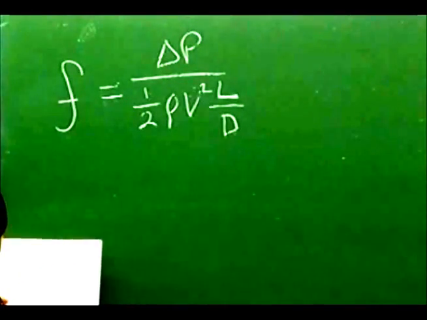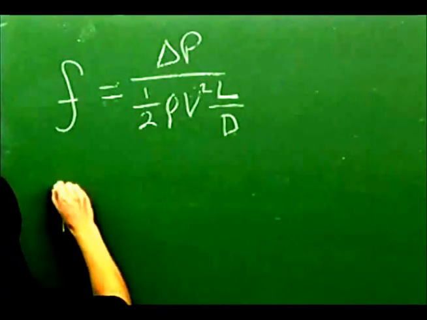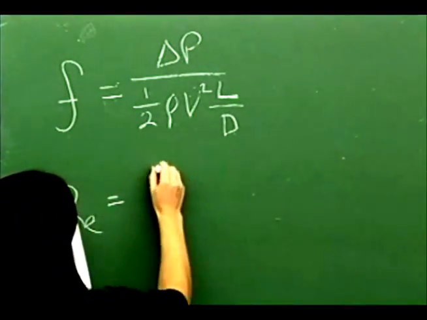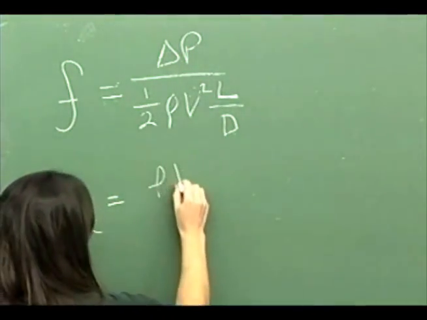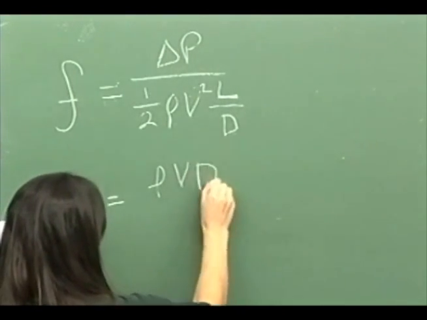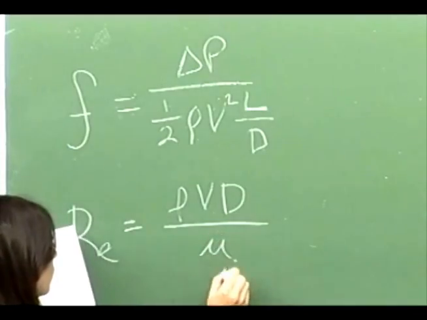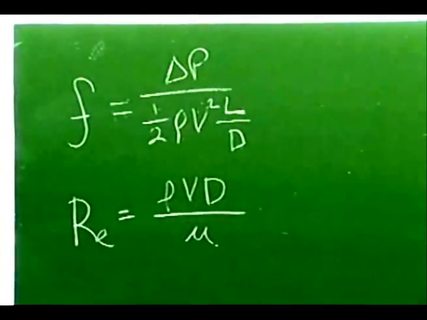So I'd also like to show you the Reynolds number here, which is the density of your fluid times the velocity of your flow times the diameter of the pipe over mu. And these two are going to be based on measured values, as I mentioned.